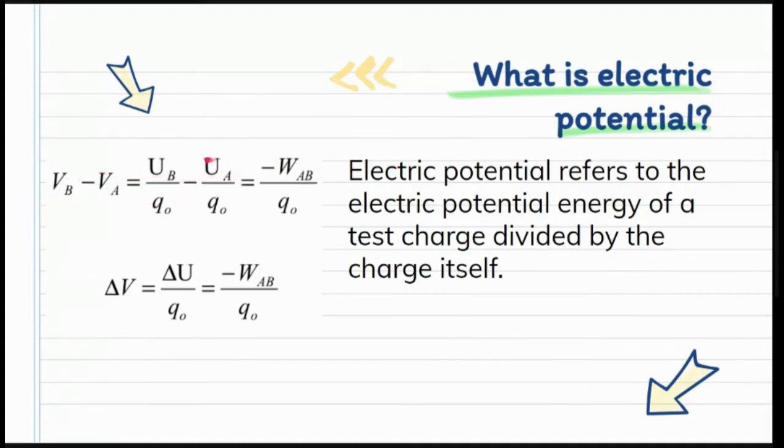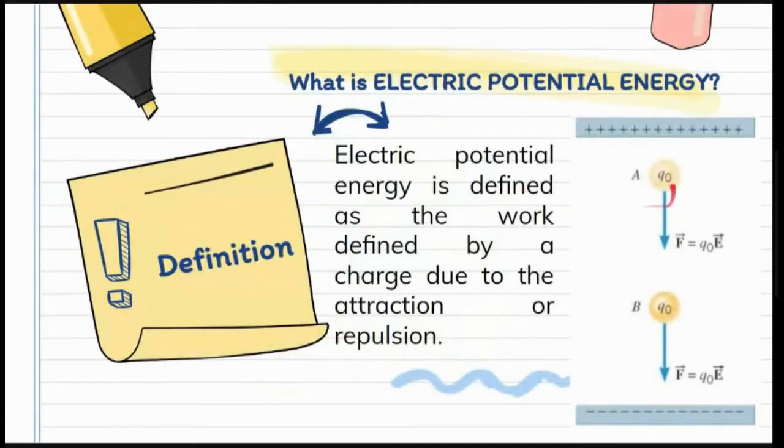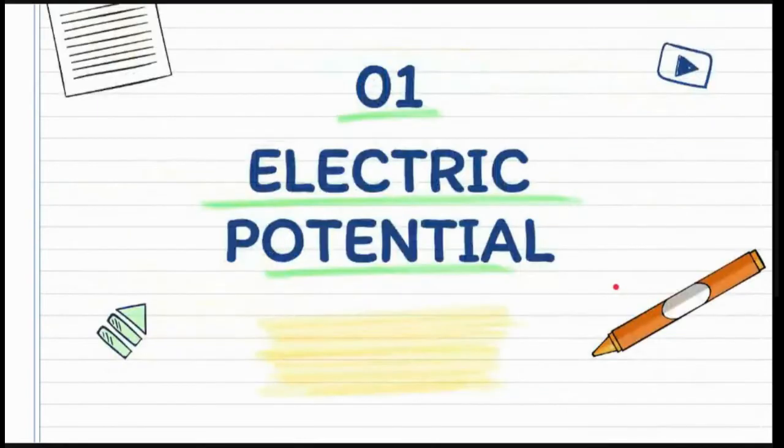we have the initial point and the final point. Let's say, for example, that point A is our initial point and point B is the final point. Since we are going to get the potential difference, we are going to subtract point A from point B. So, final minus initial.